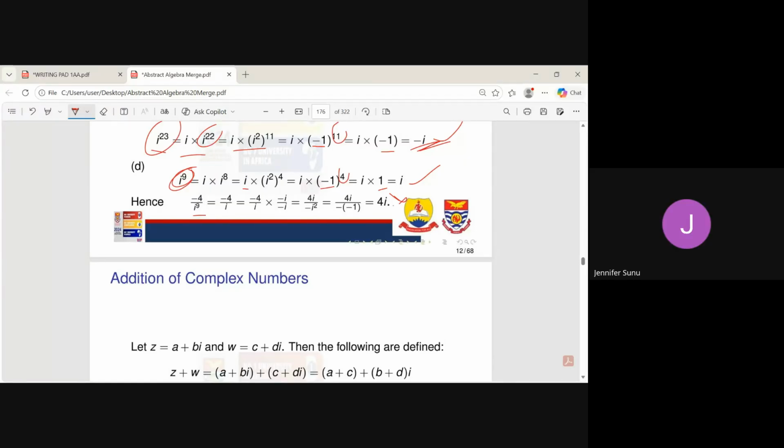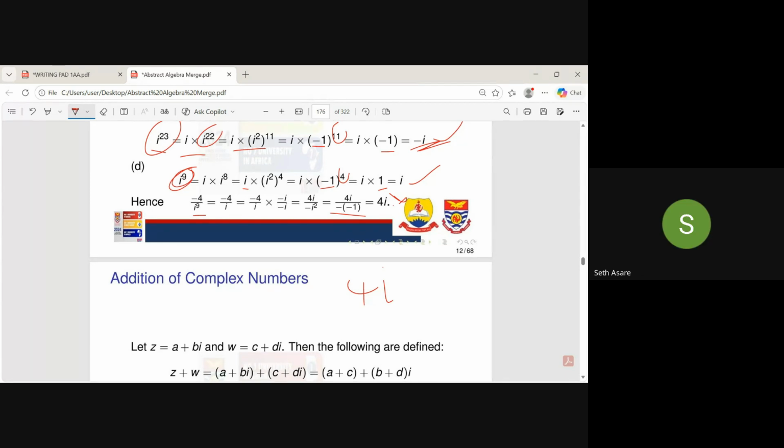It becomes negative I squared, because negative I will multiply the negative I, and then negative 4 will multiply negative I, giving 4I over negative I squared. So that one will give me your answer, is it correct?